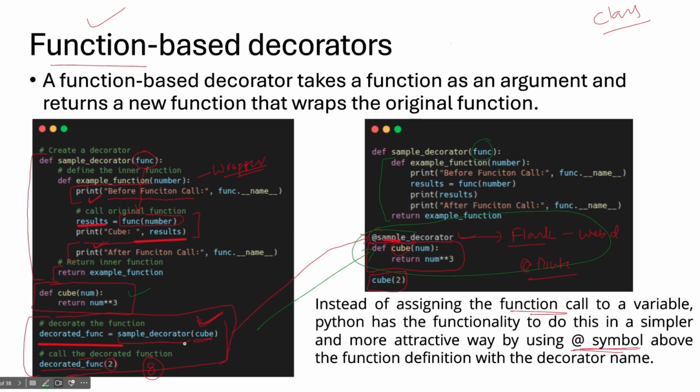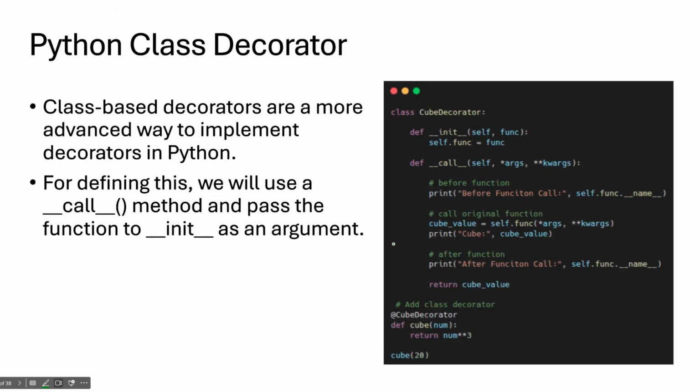If you don't want to write it this way, then you can use the @ symbol, right? Let me show you another example. Just don't mind about this. After this, when we do the code, I will show you the details about this, right?